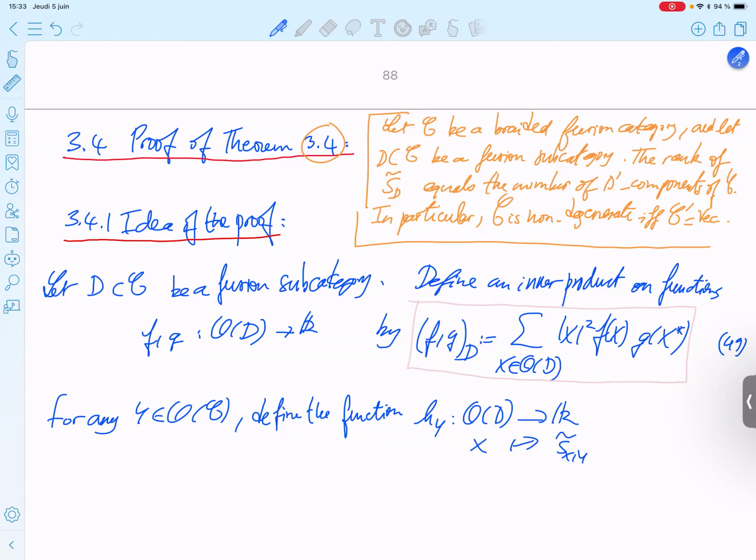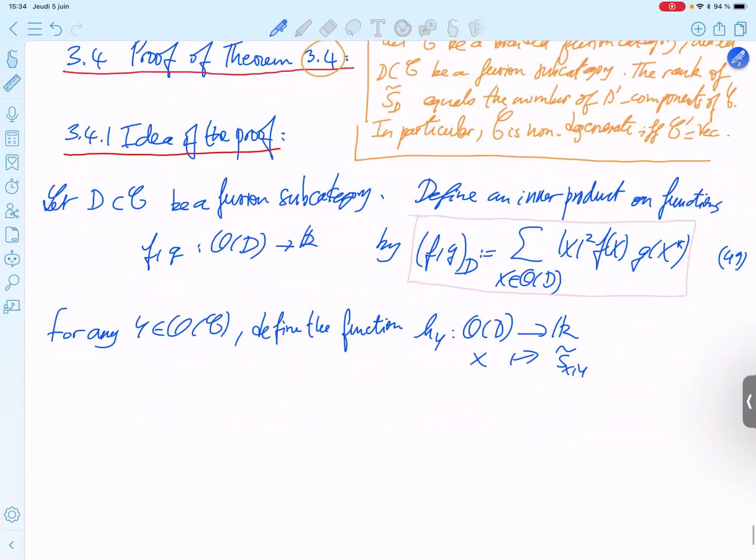This is just one column, or one row, it depends on your convention of how to write a matrix. But say one column of the truncated S-tilde matrix.